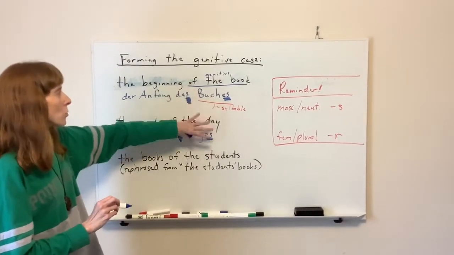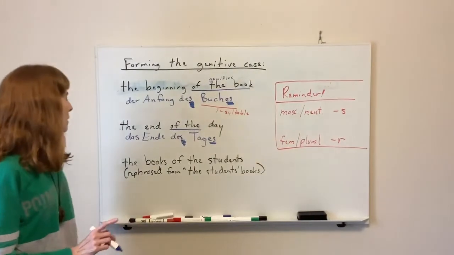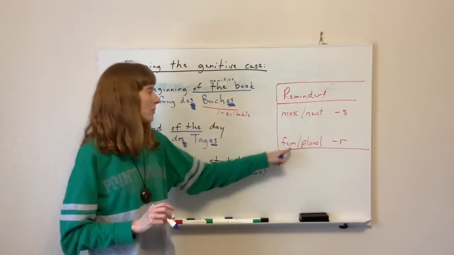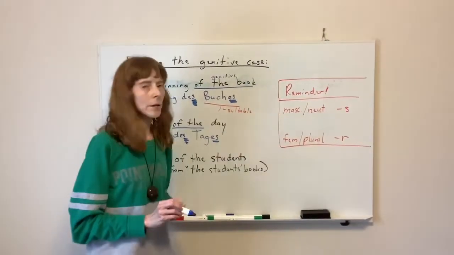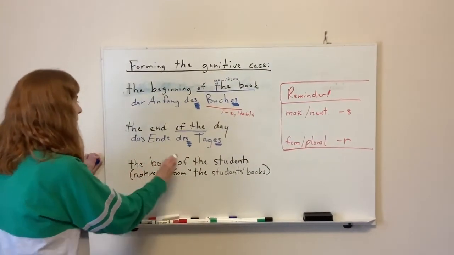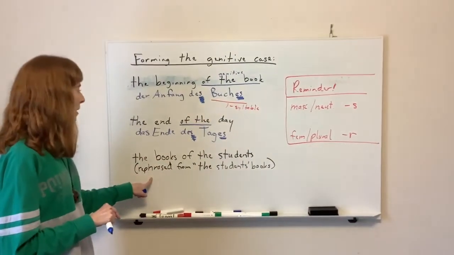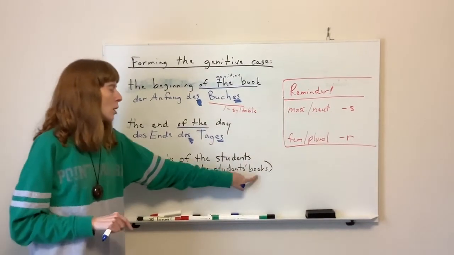All right, so those two were masculine neuter. We know that they deal with the letter S. It's actually much simpler if you have feminine or plural. We just have the letter R and that's it. Okay, so the books of the students, and I know that sounds really weird, that's because I've rephrased it from the students' books.